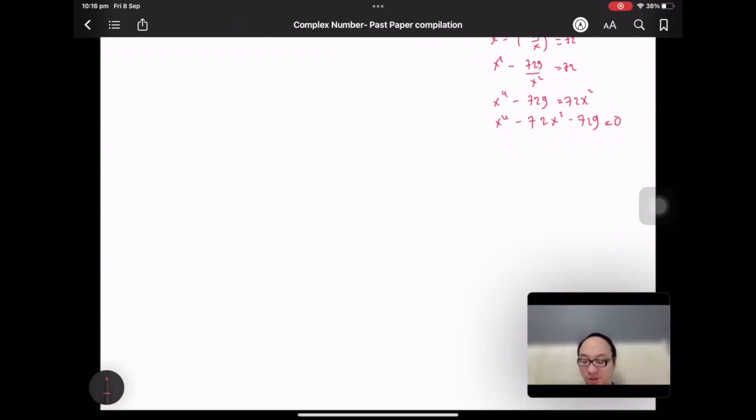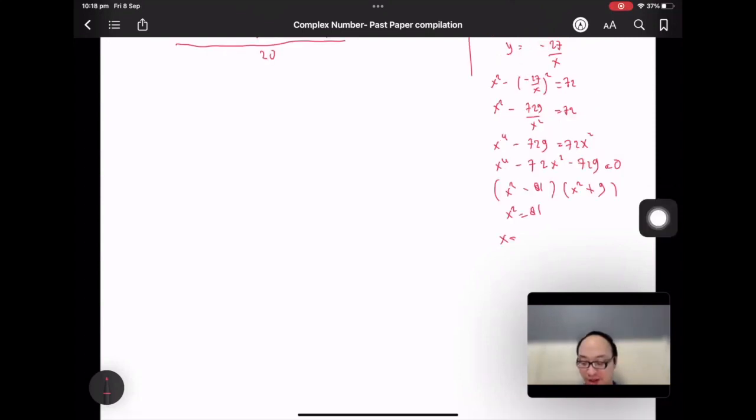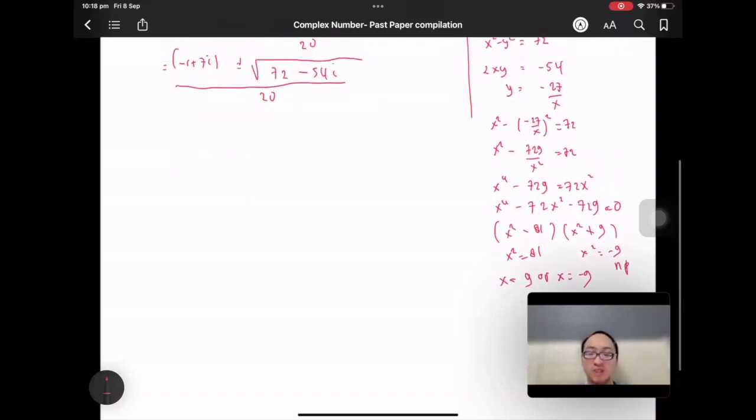And here we can factorize: x squared minus 81, and then x squared plus 9. In this case, x squared equals 81, so x equals 9 or x equals negative 9. x squared equals negative 9 is not possible, because x and y in the complex number z should be real numbers.